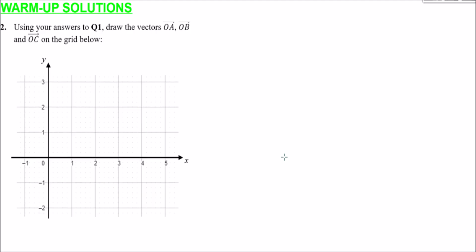So question 2, we're using the answers to question 1 to draw on the vectors OA, OB and OC on this grid below. And so from O to A, we worked out that OA was just 1 along and 2 up.